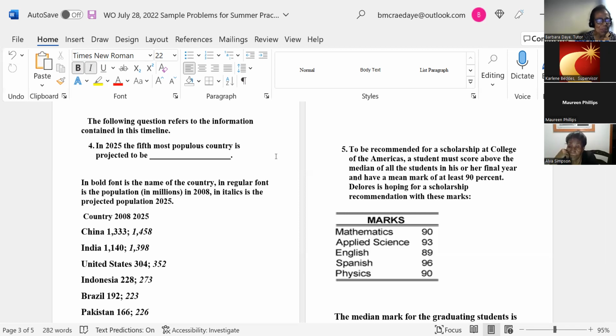I don't think you even really read it. But I didn't ask you a number. I said 5th most populous country. I asked you the country name.